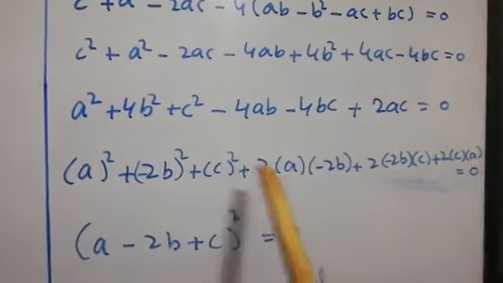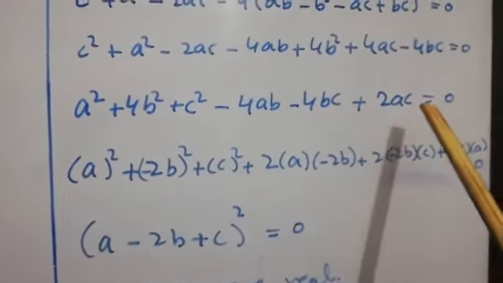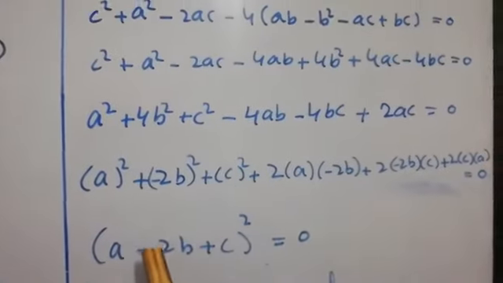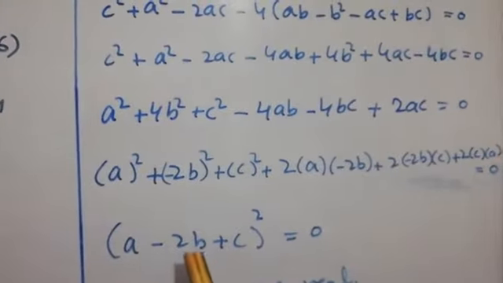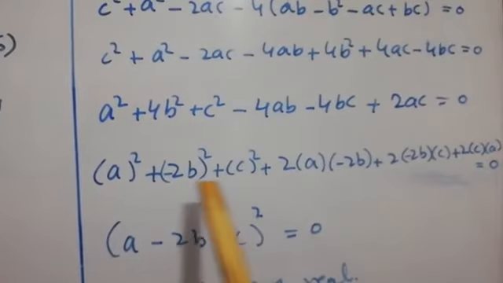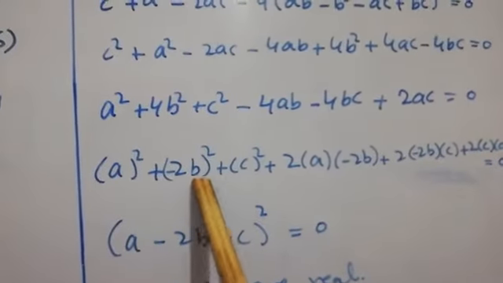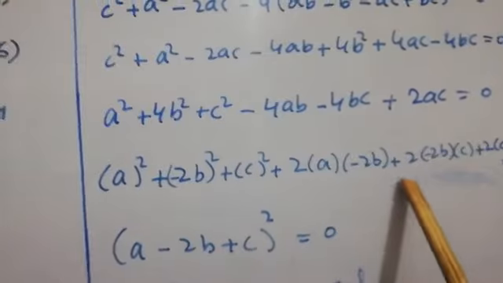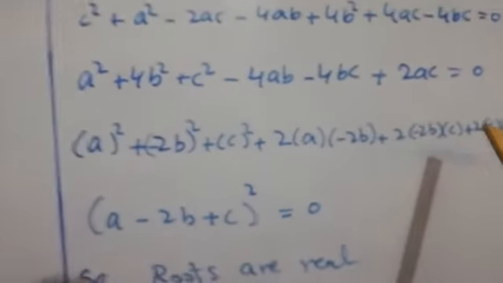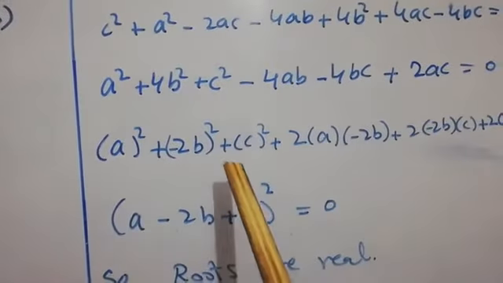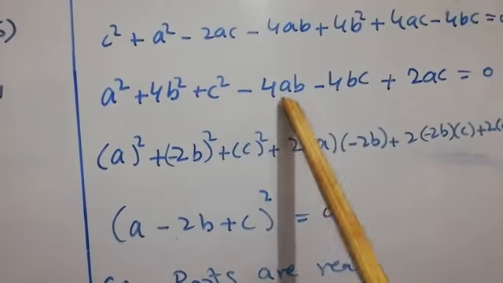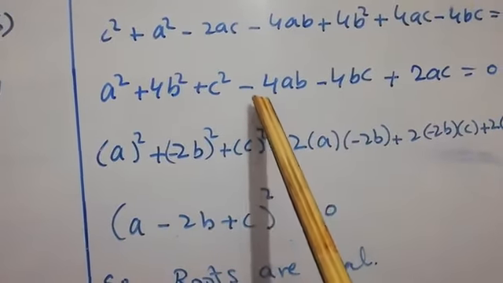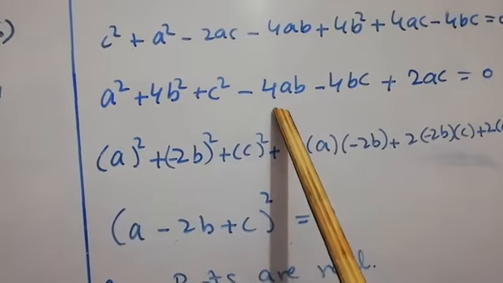Now you can see that this is actually the form of a formula. Remember, keep one formula in your mind: (a + b + c)² equals a² + b² + c² + 2ab + 2bc + 2ca. But remember one thing, you can observe that the values in which b is involved will give a negative value.